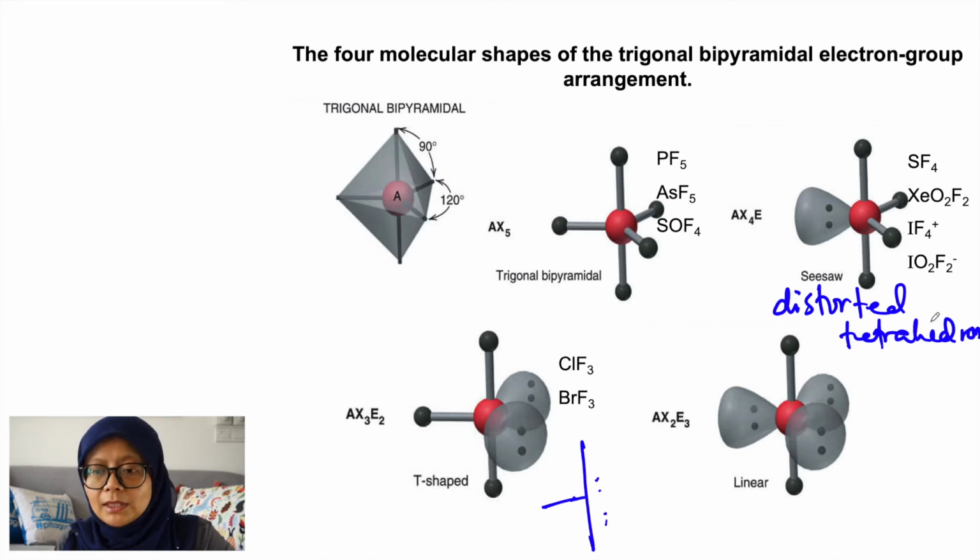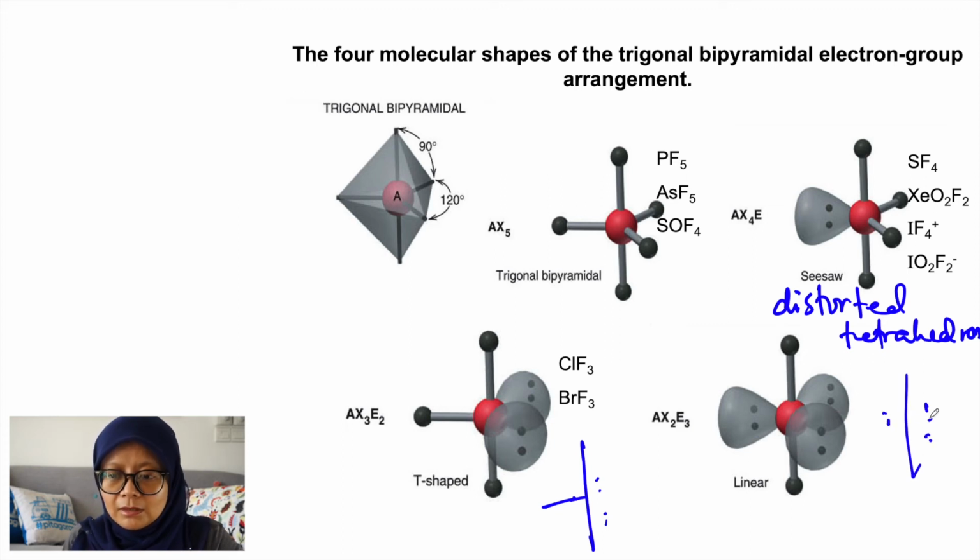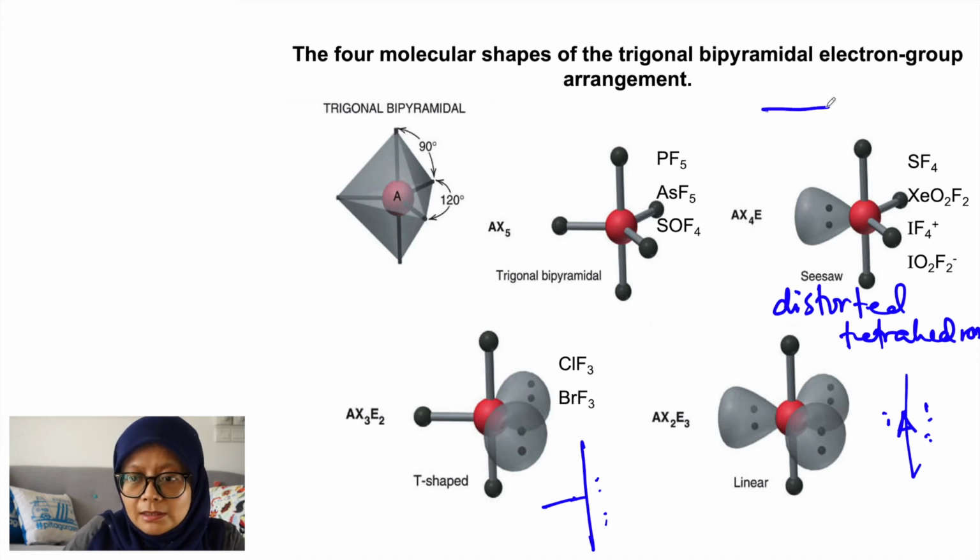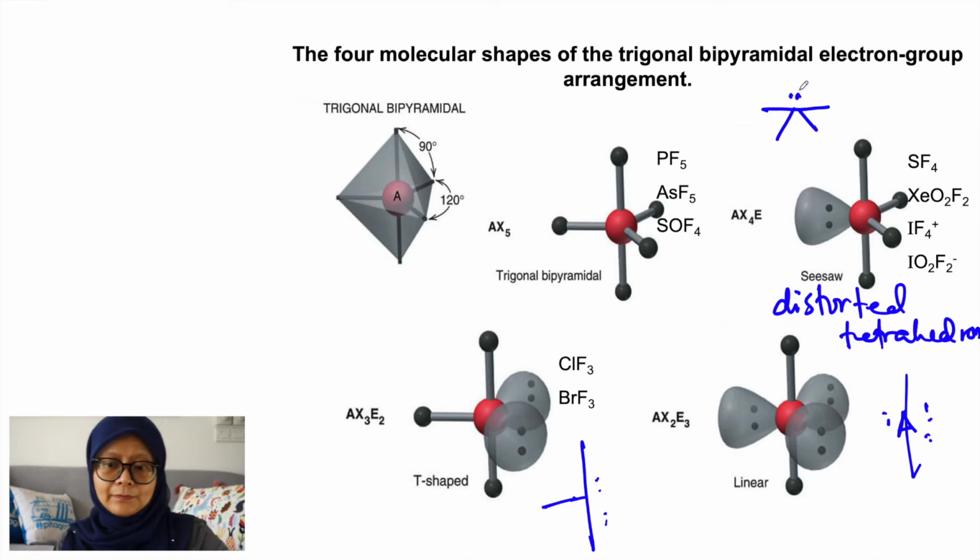And then we have linear, with the 3 lone pairs on the central atom. And the seesaw here should be like this, with 1 lone pair here.